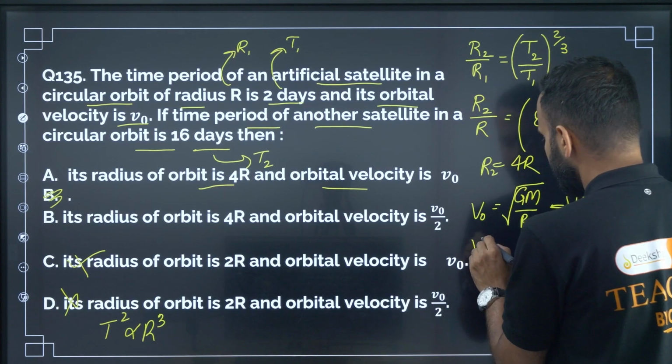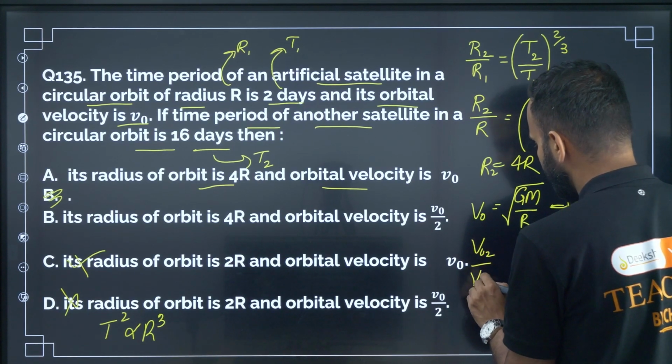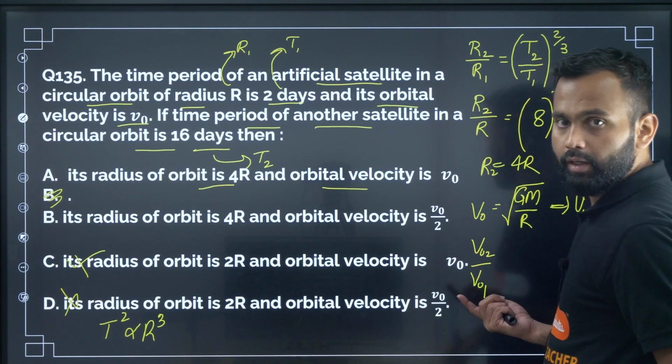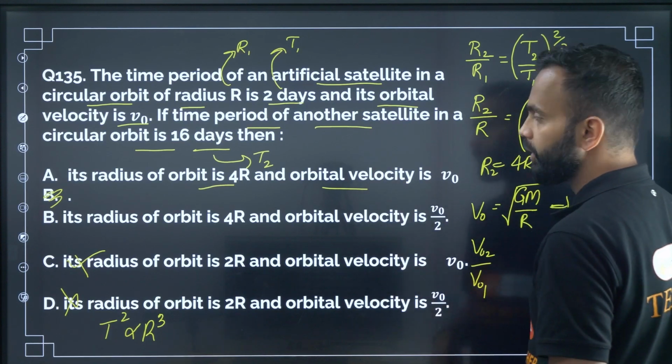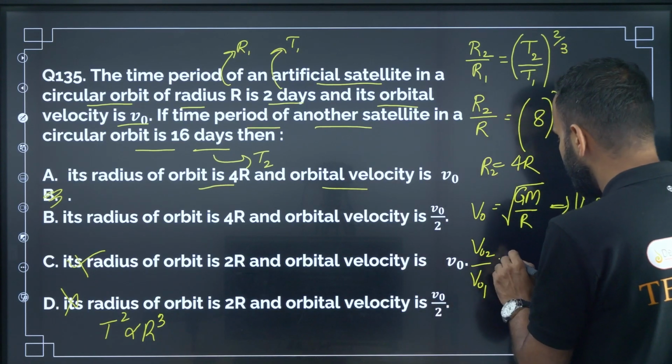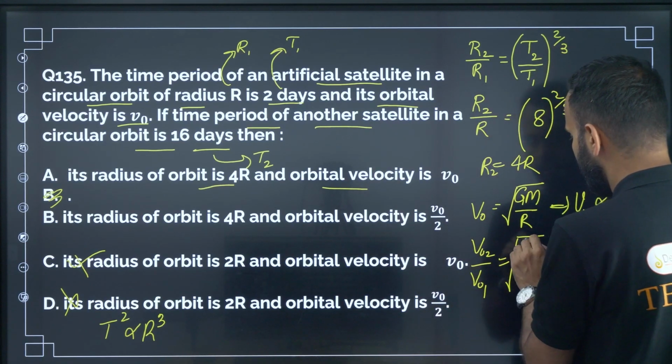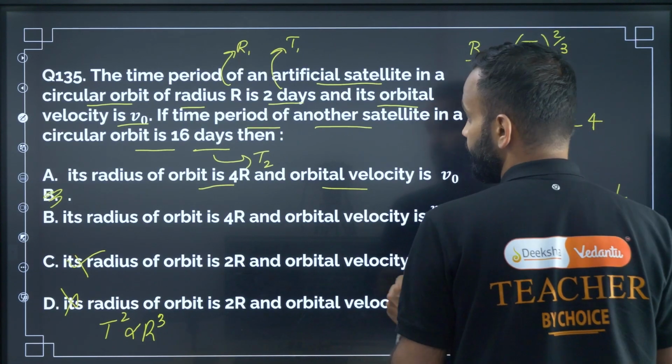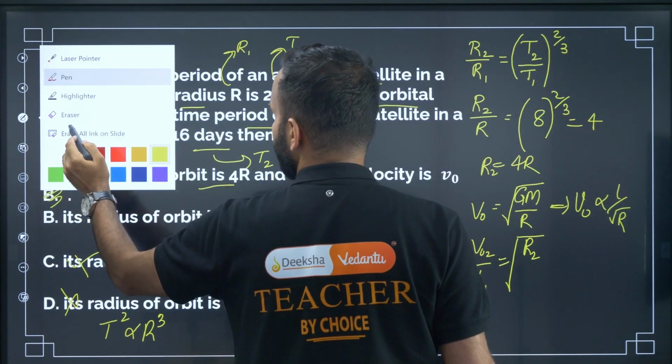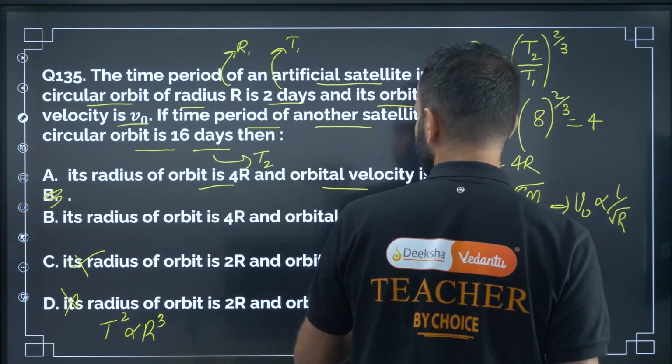Now v02 divided by v01, where v01 is orbital velocity of the first artificial satellite, is equal to root of r1 divided by r2.